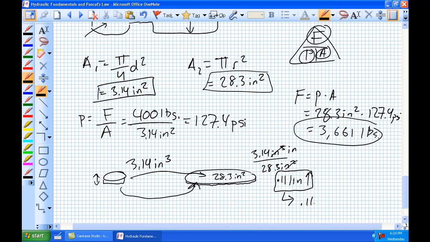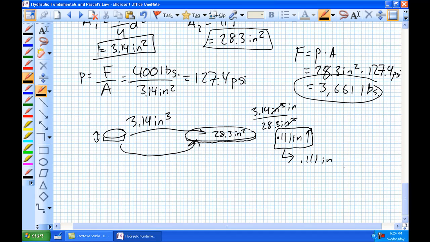What is 0.111 inches when it's converted to feet? Well, 12 inches per foot. Those inches cancel out because, again, we're multiplying by 1. We're left with feet. So 0.111 divided by 12 is 0.00924 feet.